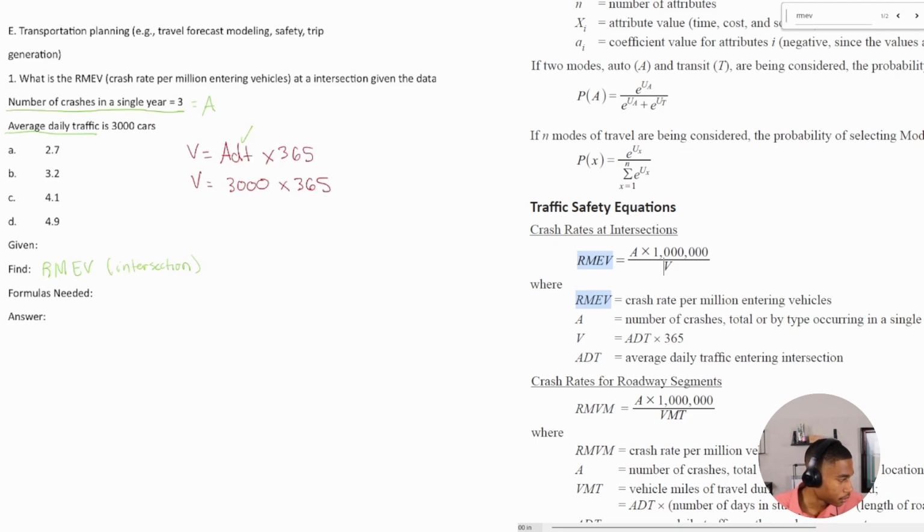All right. So what does our V end up totaling to? So for V, we get 1,095,000.